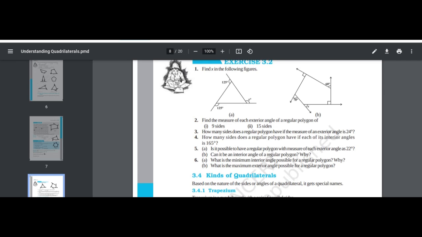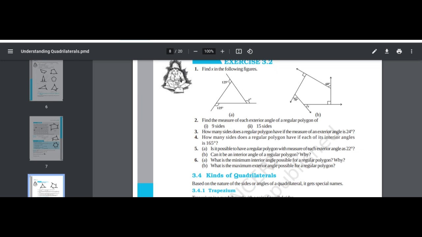For example, the exterior angle is 22. 360 is not a perfect multiple of 22, hence such a polygon is not possible. So this is wrong.